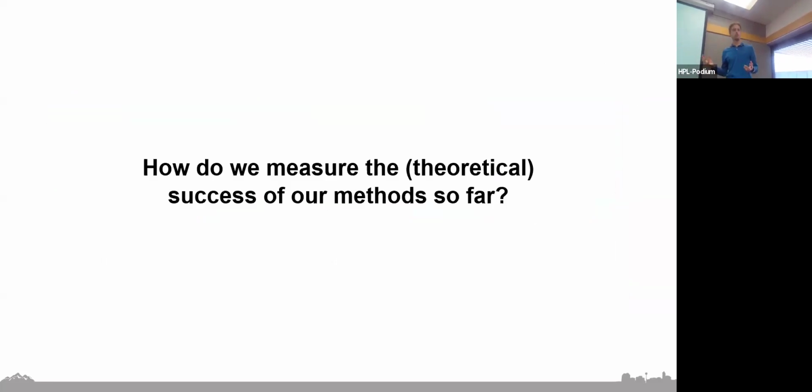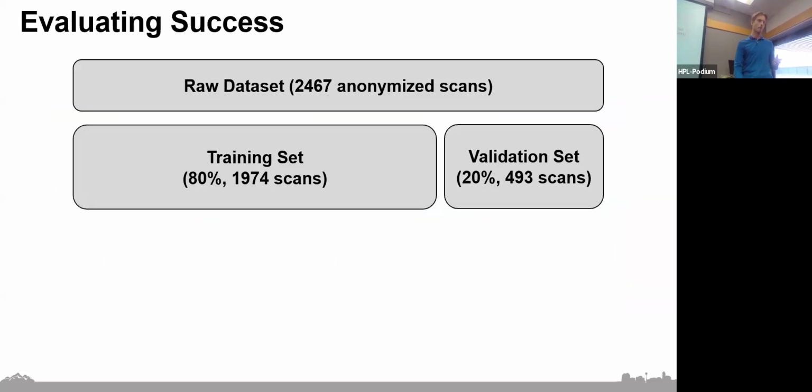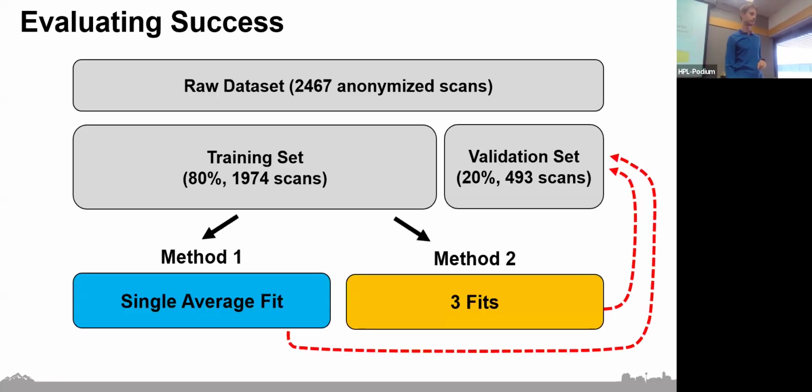But how do we measure the success of these methods, at least in theory? Well, we divide our data set into a training and validation or test data set, as is pretty common in the machine learning field. So if we have about 2,500 scans, I think this is the size 7 data set I was looking at here, then we get about 2,000 scans in the training data set and 500 scans in the validation data set.